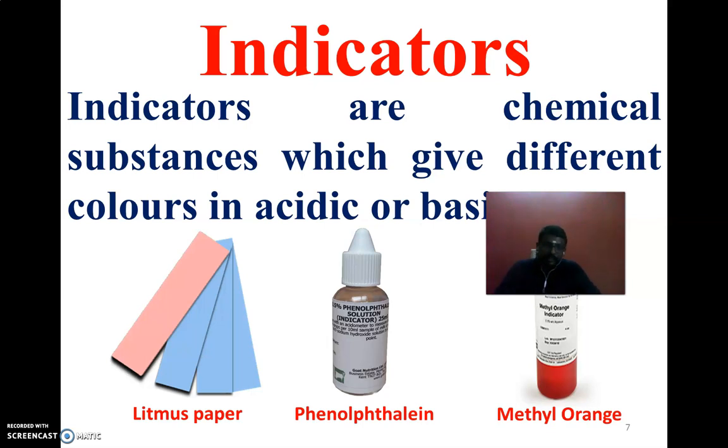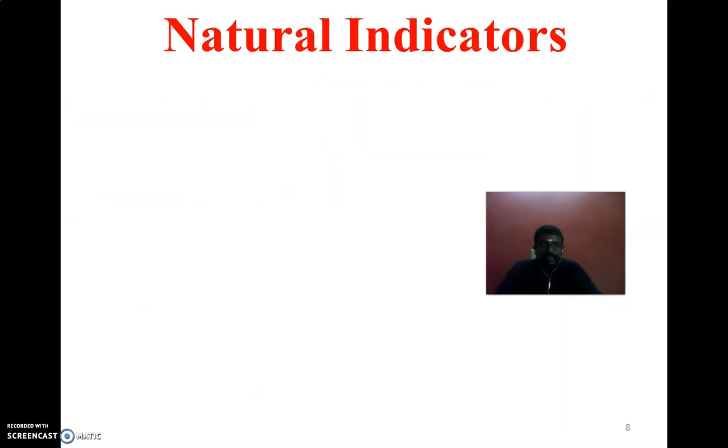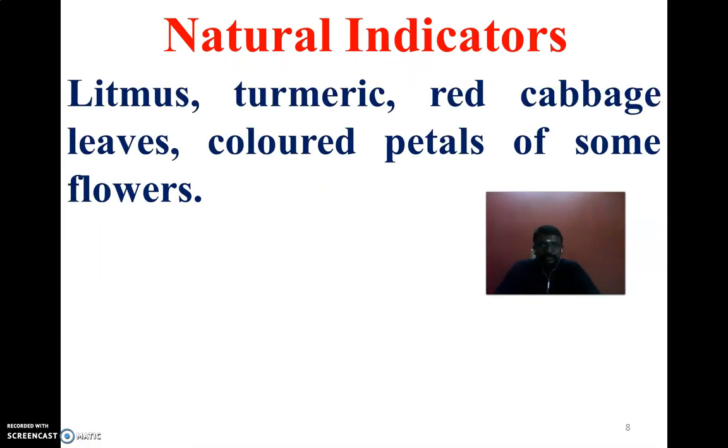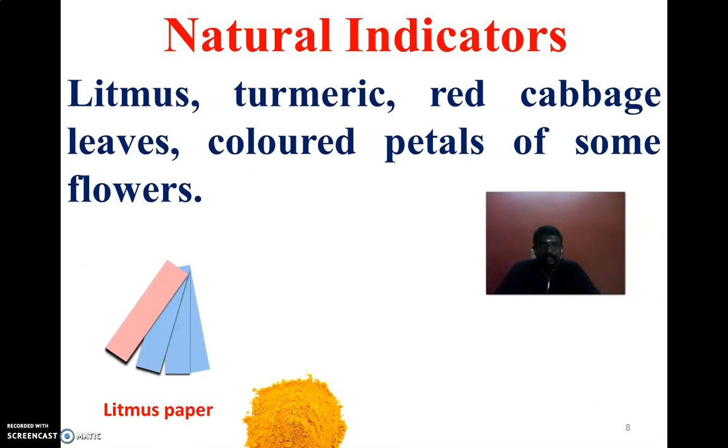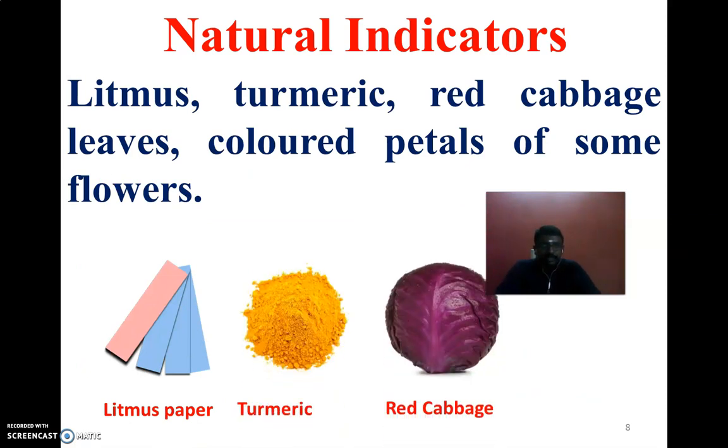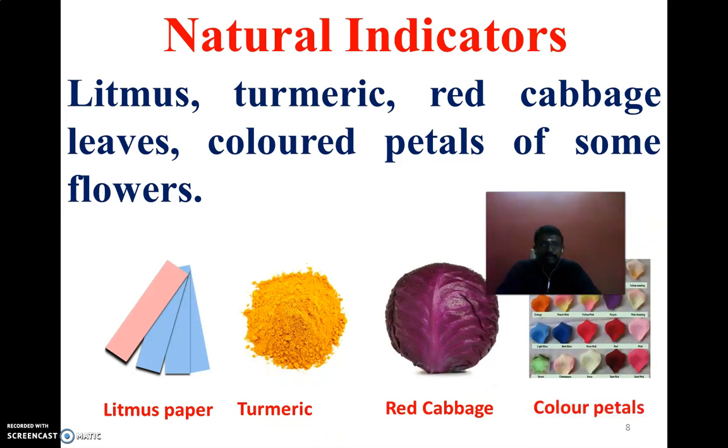And there are also natural indicators, for example turmeric, red cabbage leaves, and colored petals of some flowers. From these also we can identify acidic or basic solutions.